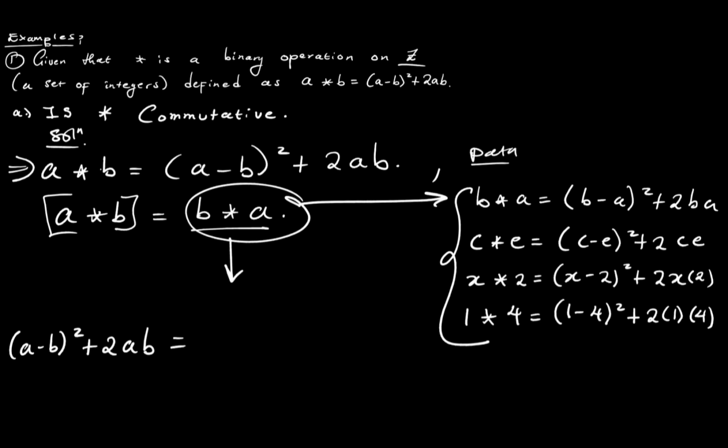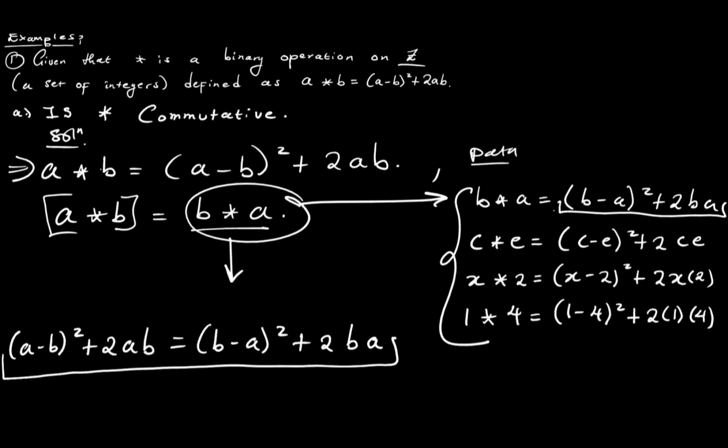B star A gave us this value here. So let me pick it from there. This is (B minus A) squared plus 2BA, like that. Now, is this one and the same thing?